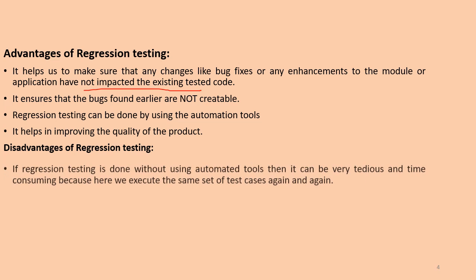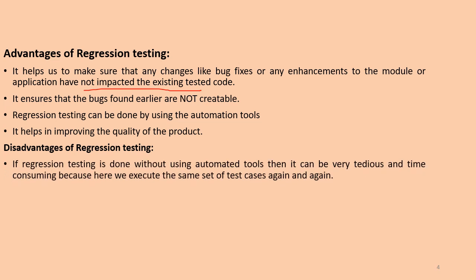Now what's the disadvantage? If you are doing regression testing without any automation tool, it can be very exhaustive work, because it is very time consuming. We have to execute the same set of test cases again and again.